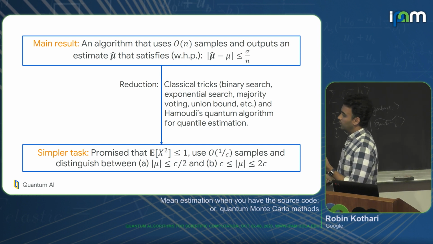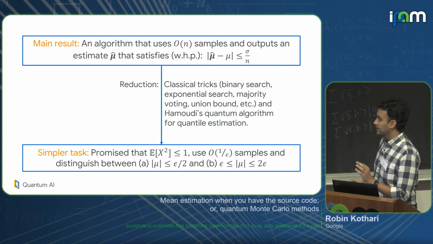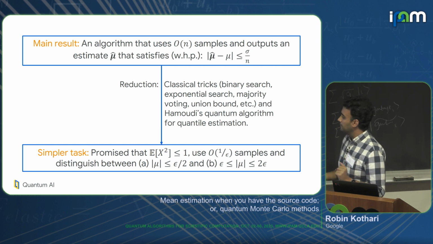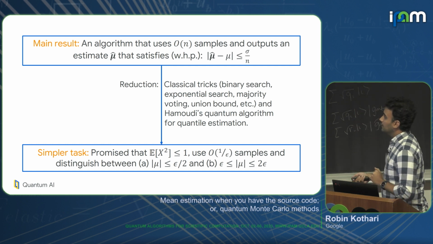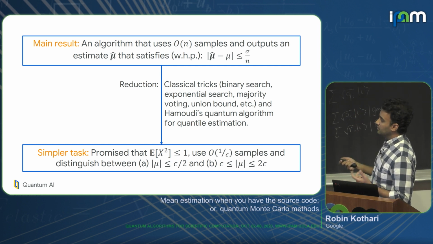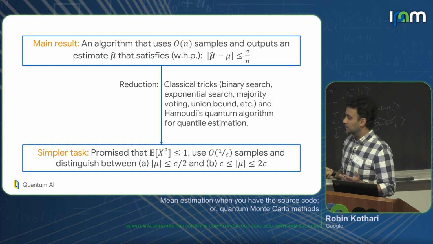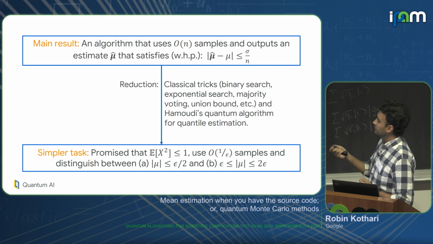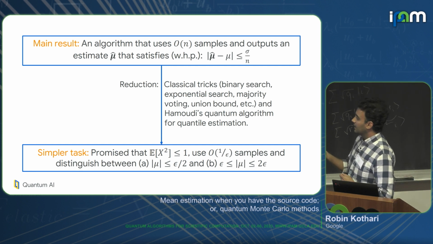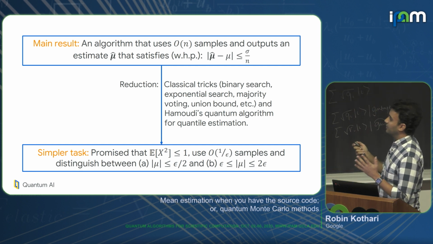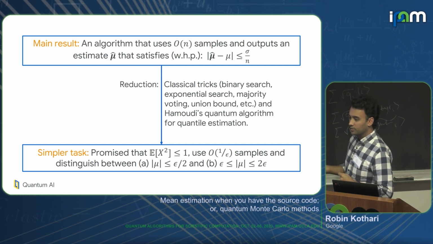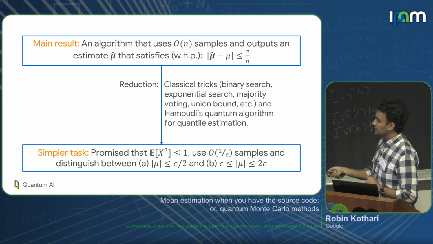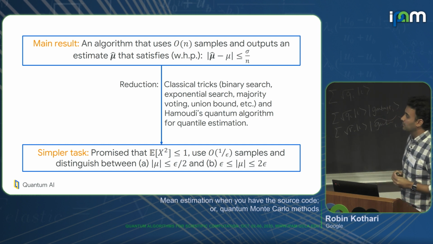To distinguish them, all I need is to estimate the mean to additive error, let's say epsilon divided by 4 or something like that. And I have a budget of 1 over epsilon. So how would I do it here? I would choose n to be order 1 over epsilon, more precisely, I don't know, 4 over epsilon or something that gives me an additive error of epsilon over 4, and that is exactly order 1 over epsilon. So this problem is indeed a special case of that problem.